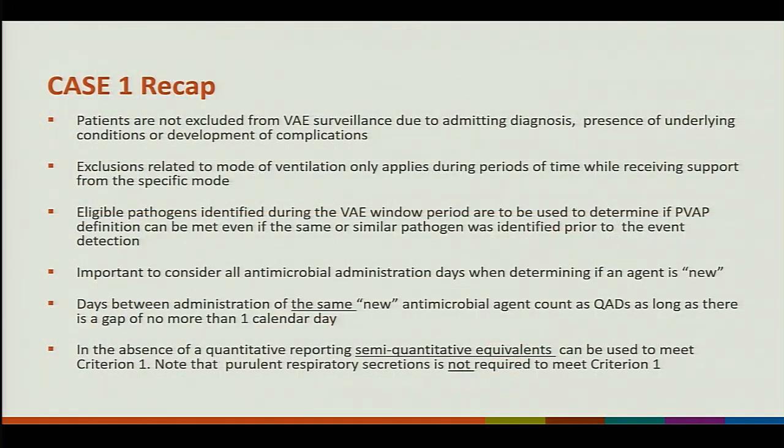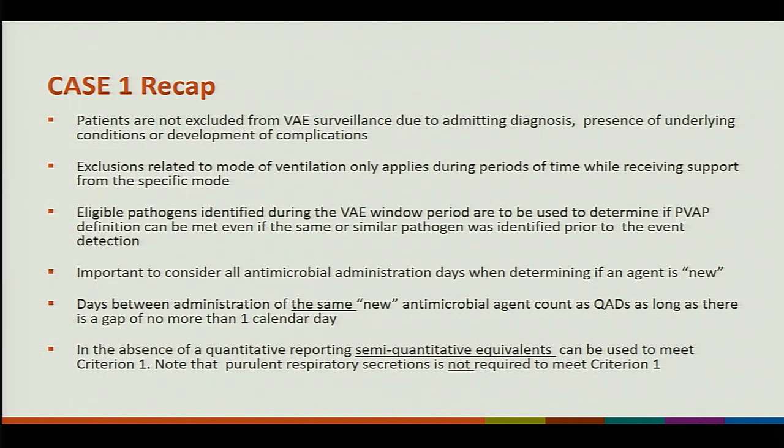So to recap, this patient is not excluded from VAE surveillance because he was admitted with pneumonia. And he's not excluded from surveillance because at some point he's going to be placed on ECMO. So he is eligible for surveillance while he's on a ventilator on a mode that's conventional or isn't eligible for use.